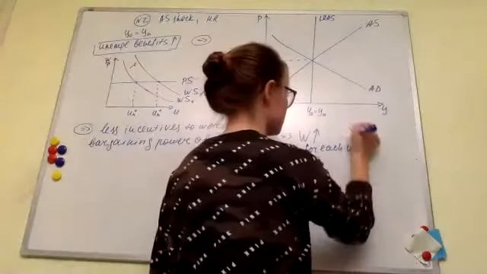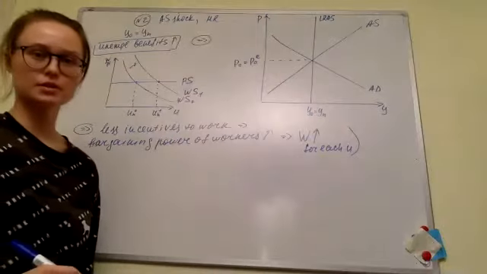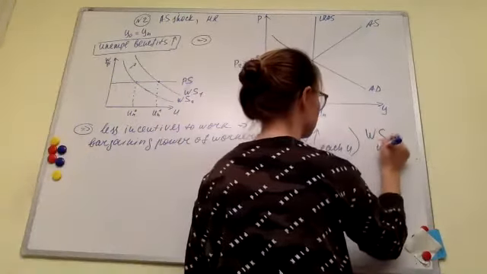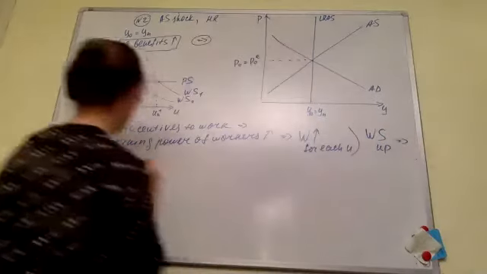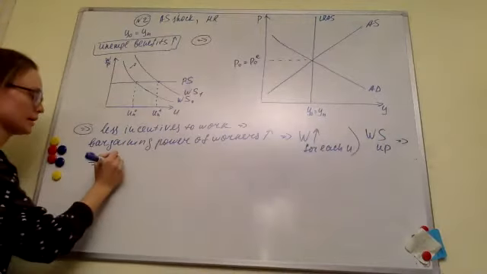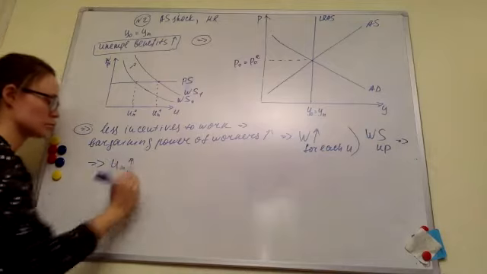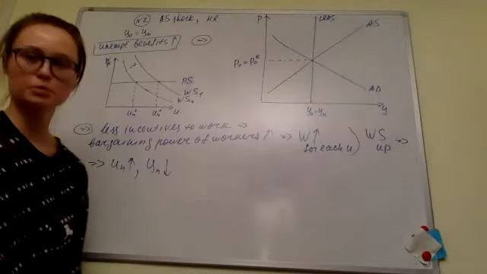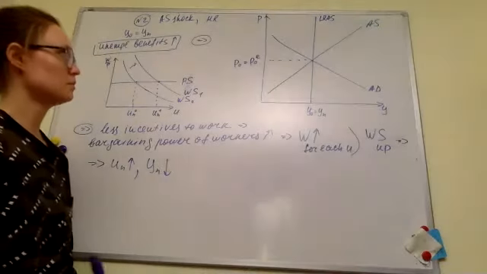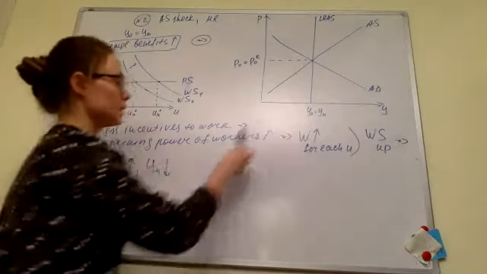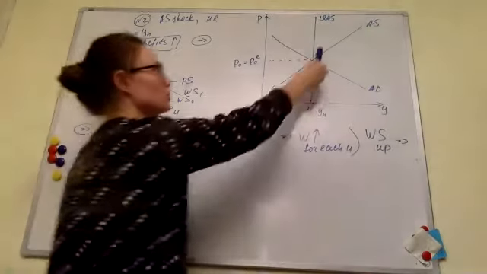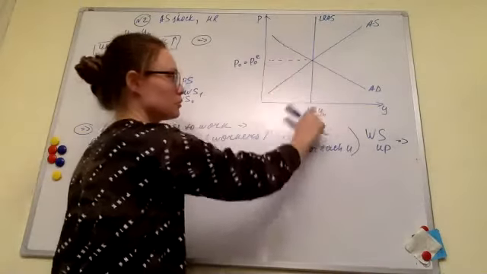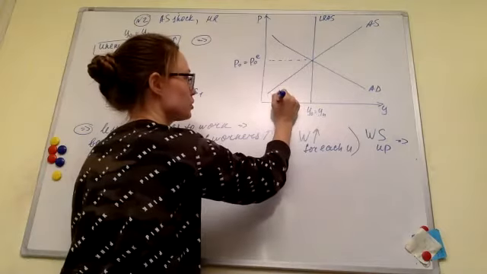And this is the shift of the wage-setting relation up, which leads to a higher natural level of unemployment and a lower natural level of output. And you see that we will have a shift of long-run aggregate supply to the left. The natural level of output now is lower than before.